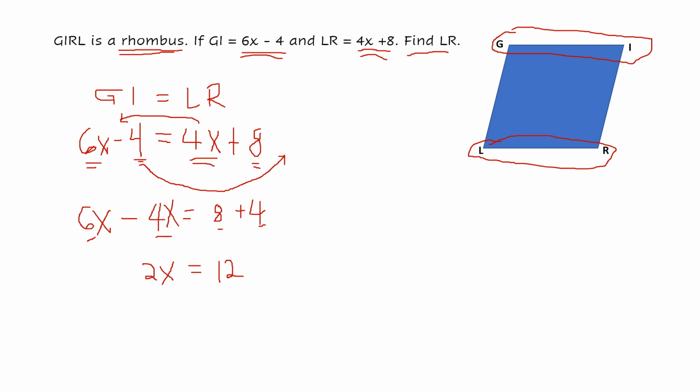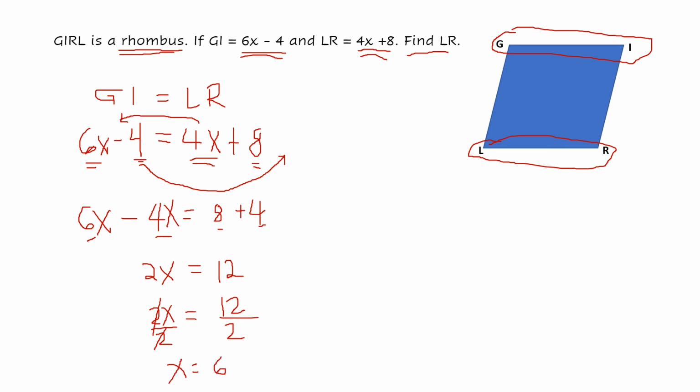Solving for x, we have to leave x alone by dividing all parts of the equation by the coefficient of x, which is 2. 12 here divided by 2. So you can cancel out 2. So x is equal to 12 divided by 2 is 6.